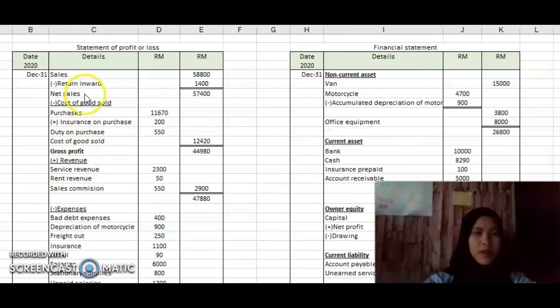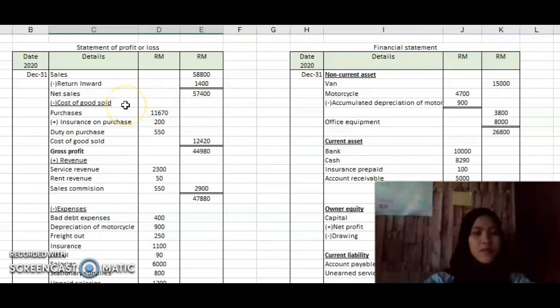I will explain about statement of profit or loss. This statement will show either we will get net profit or net loss. For date, we have to put December 31st as we close the account at the end of the year. First of all, sales need to minus sales returns in order to get net sales, which is 58,800 minus 1,400, and we got 57,400 for net sales.